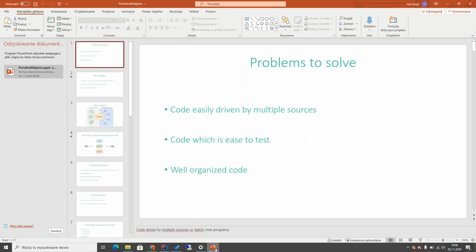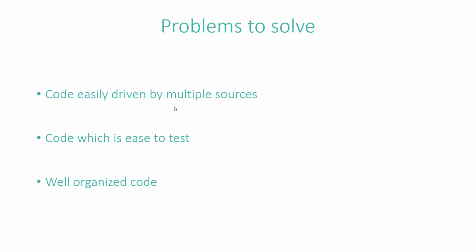Okay, let's jump into the presentation. When we write our code, it is driven by different sources like external users or events. We want to write code which is easy to test and has good code coverage.